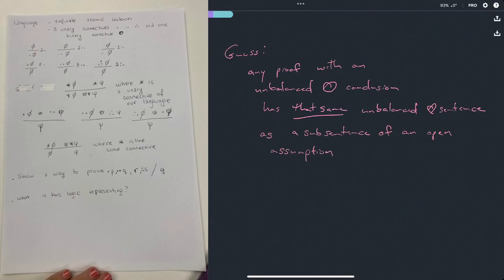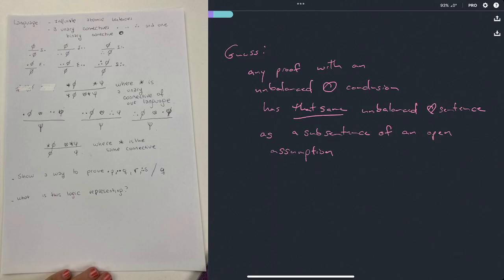Now, why have I guessed that? Well, basically, I don't see any other way to get an unbalanced pretzel sentence to occur in a proof. You can always get it in through an assumption because you can just assume whatever. But we don't have a way to build up an unbalanced pretzel sentence anywhere in the course of a proof.